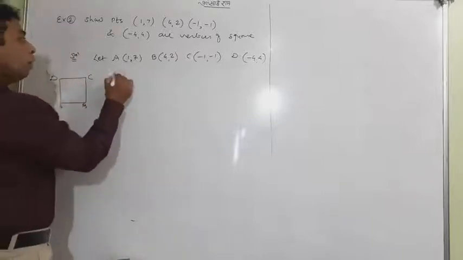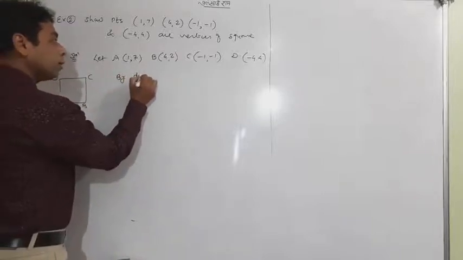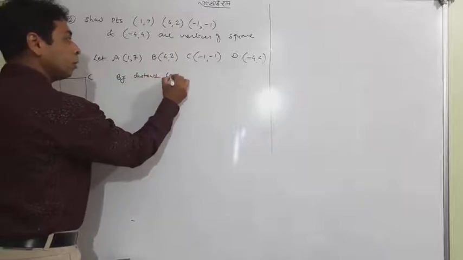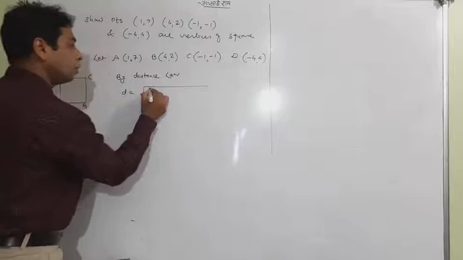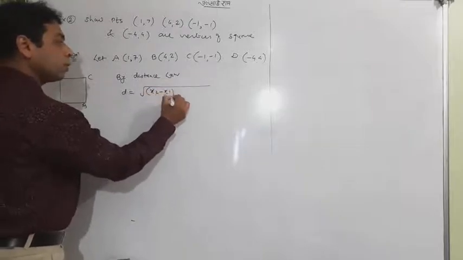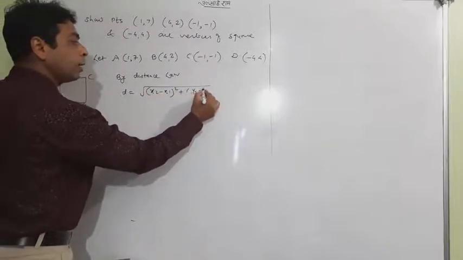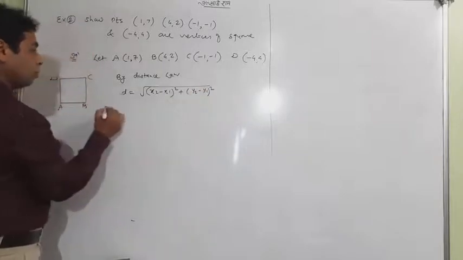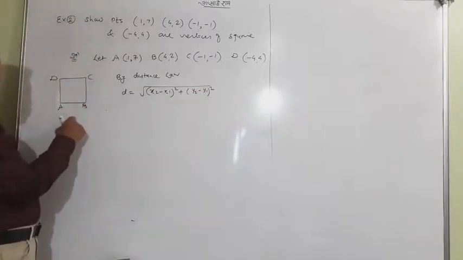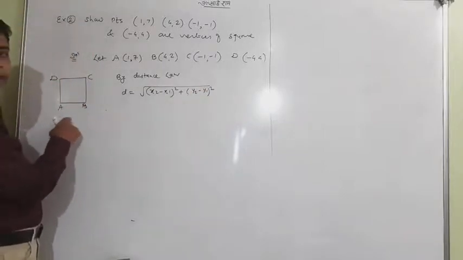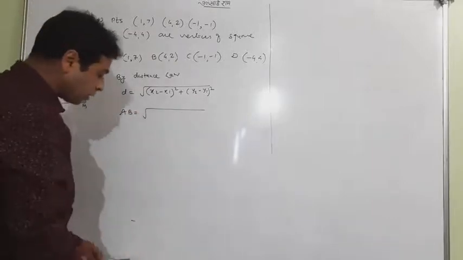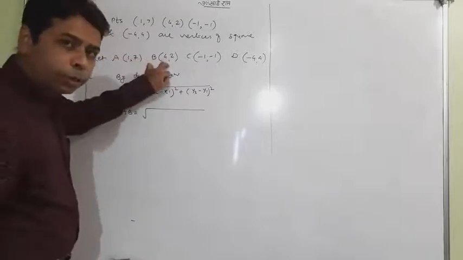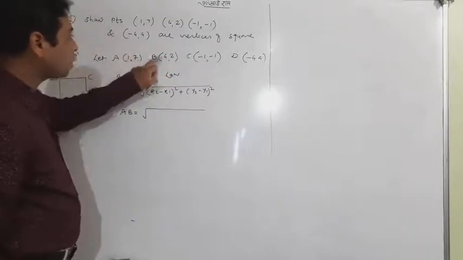So first of all, by the distance formula, we will write it only once: square root of (x2 minus x1) square plus (y2 minus y1) square. First, I am going to find the distance between points A and B. We have 2 points, the first is x1 y1, the second x2 y2.